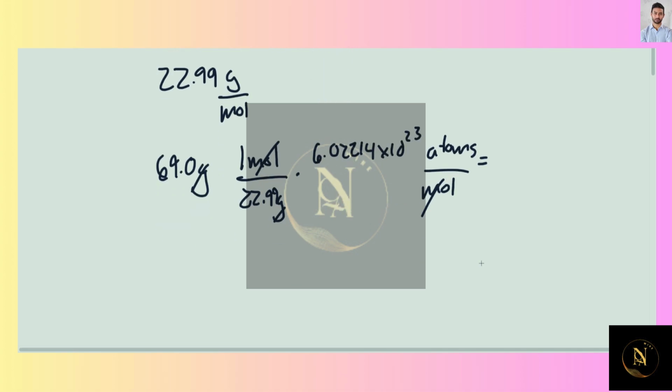I've got to put this in my calculator: 69.0 divided by 22.99 times Avogadro's number, and I get 1.807. We need 4 sig figs, times 10 to the 24 atoms. Right. So let's move on to the next one.